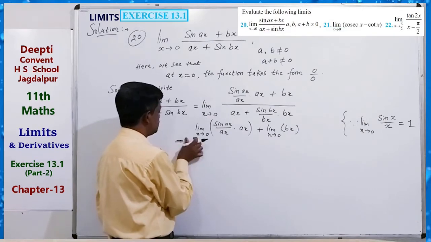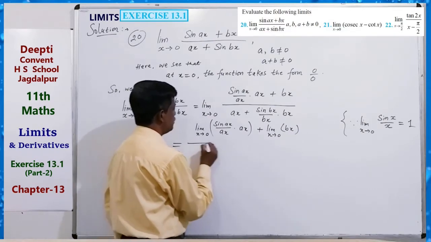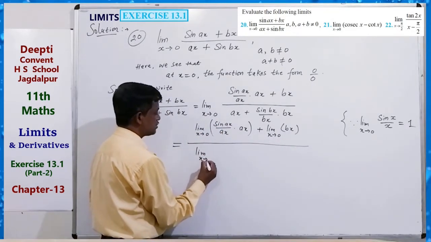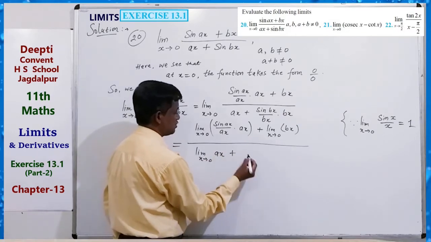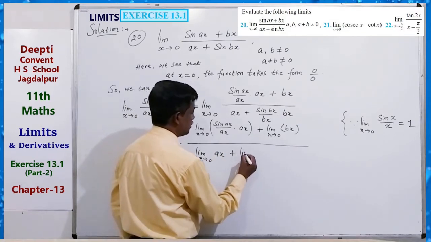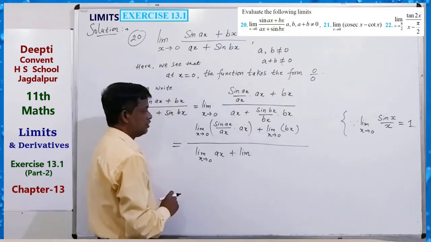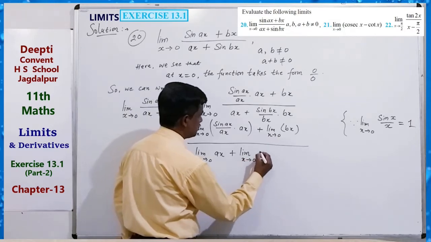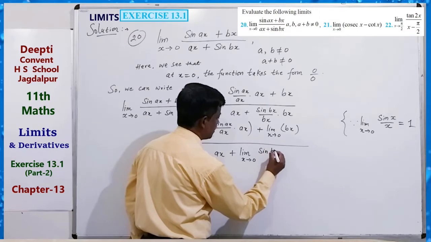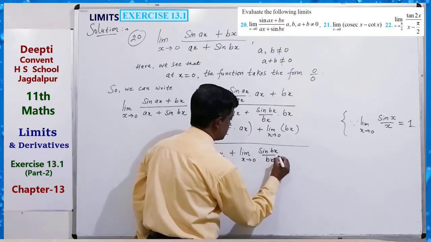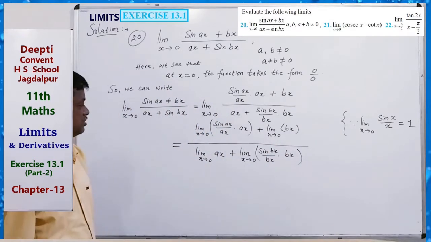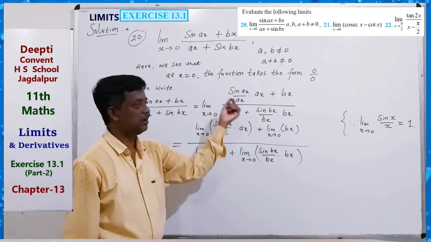Limit is distributed in numerator and denominator, and also distributed across the plus sign. In the denominator, limit x tending to 0 ax plus limit x tending to 0 of sin bx upon bx into bx.